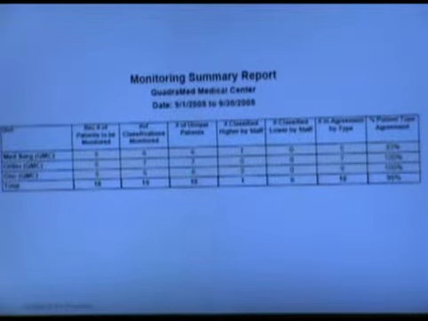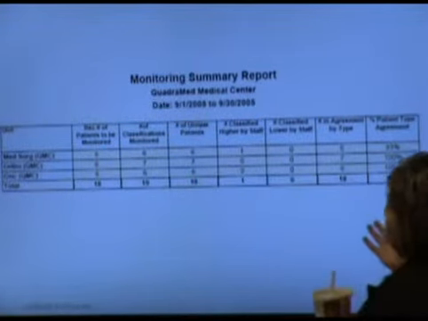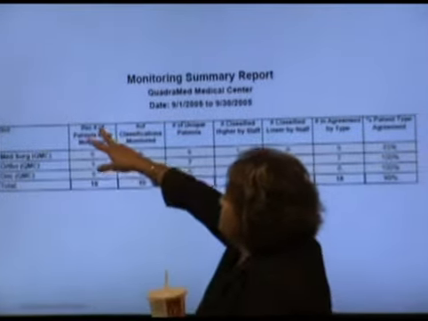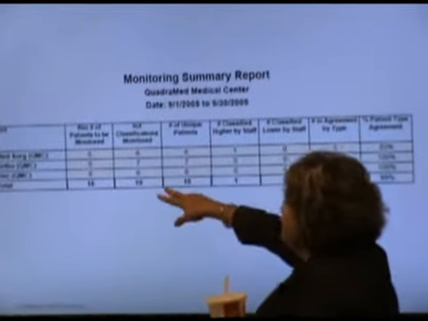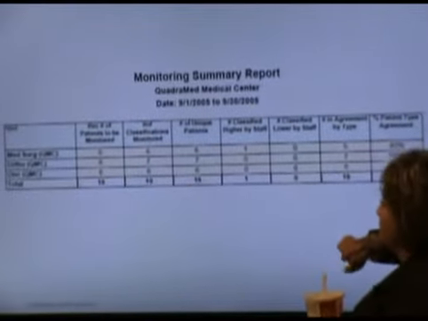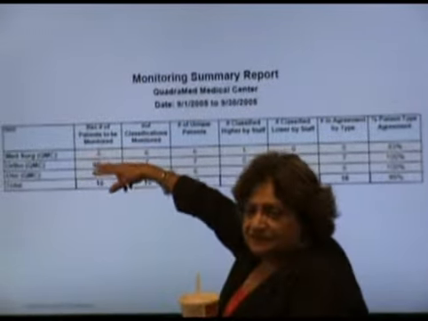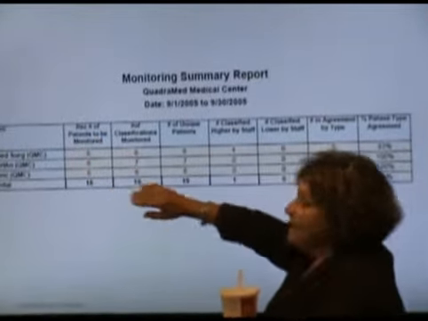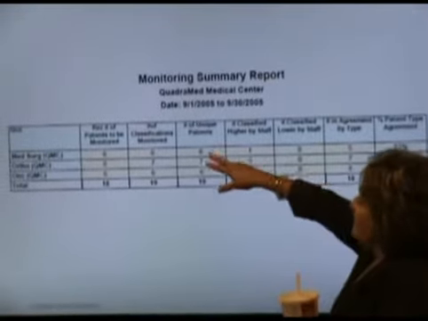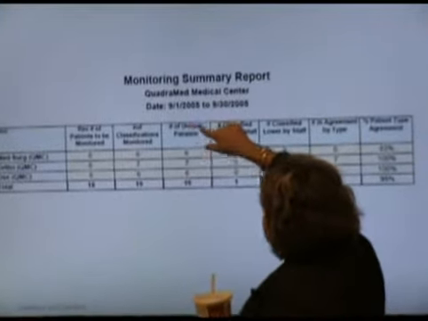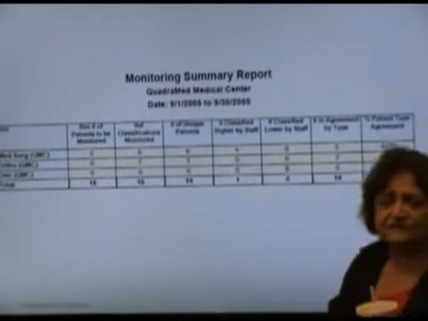Monitoring summary report. This report is generated after you've done monitoring. It gives you the number of patients to be monitored, number of classifications that were monitored. The recommended number of patients to be monitored is based on your budgeted census. So that comes from us. Number of classifications that have been monitored, number of classifications that are unique patients.